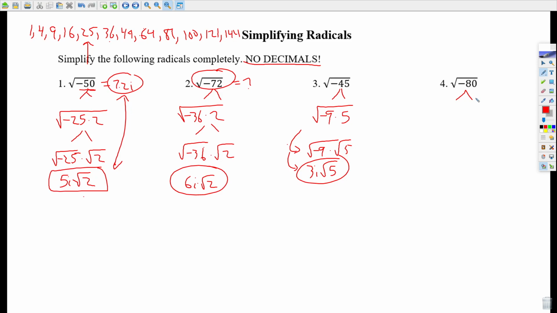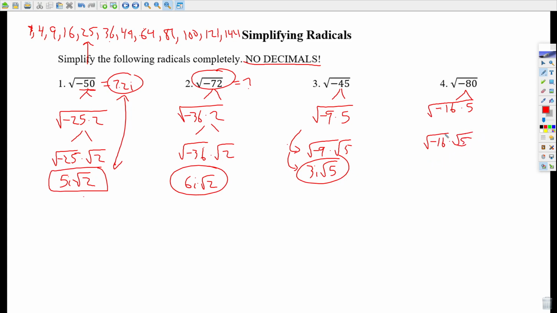If you divide 80 by 1, 1 would be useless, so I don't think we're going to use 1. 4, 9, I think 16 works. 80 divided by 16 gives you 5. So I'm going to go ahead and throw the negative underneath the square root. So the square root of negative 16 times the square root of 5.